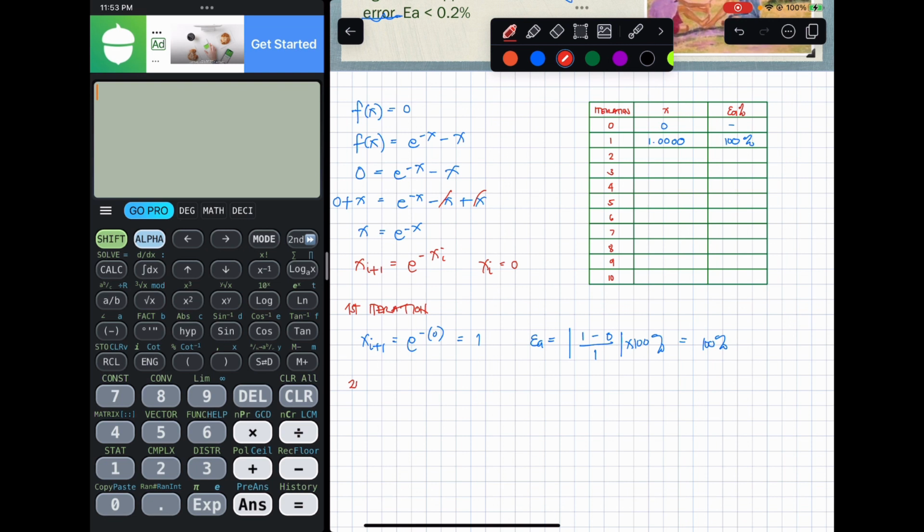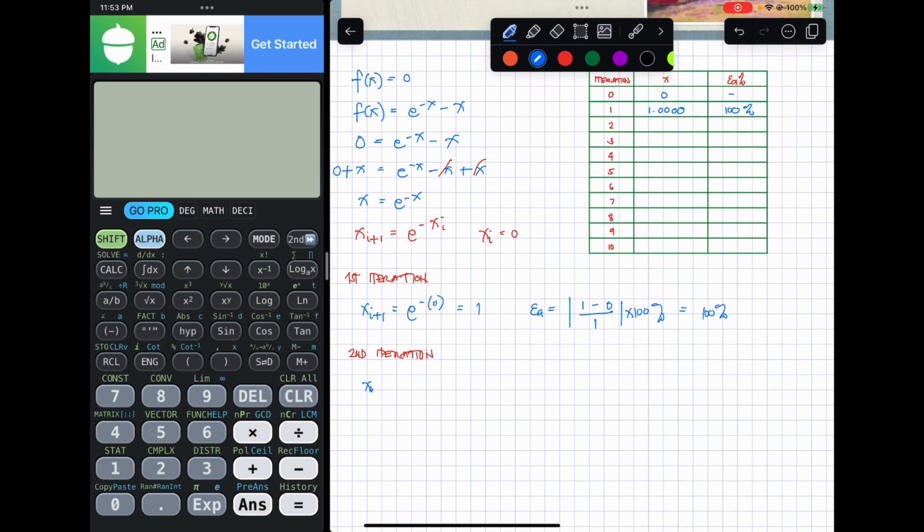Therefore, x of i plus 1 equals e raised to negative 1, which is equal to 0.36788.